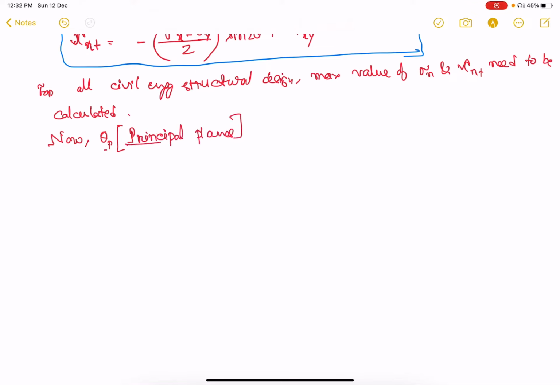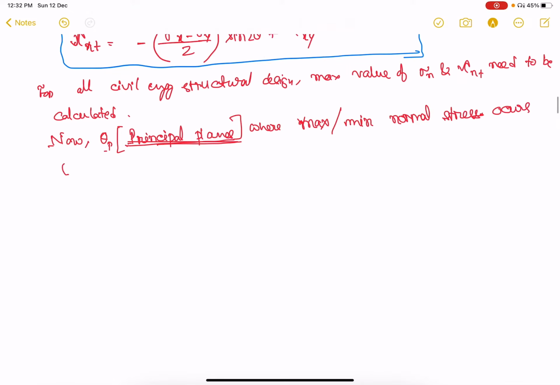Principal planes, where maximum or minimum normal stress occurs and shear stress is zero, are defined as principal stresses.